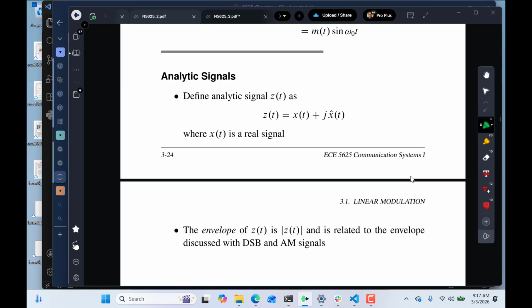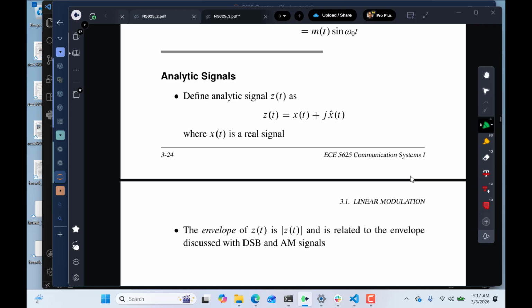The next idea, which will take us up to the break time, is what is an analytic signal? And none of you have taken, I don't think, a course in complex variables yet. You may do it in graduate school. I'd recommend it if you're a master's student and above. I took it at Michigan Tech, actually, when I was getting my master's degree. It really was insightful to learn more about complex variables.